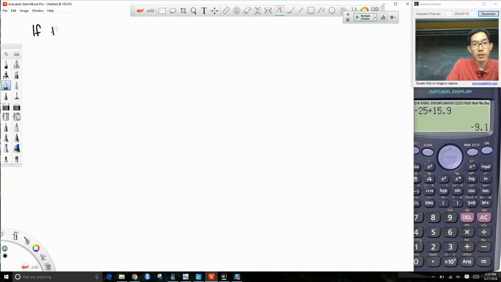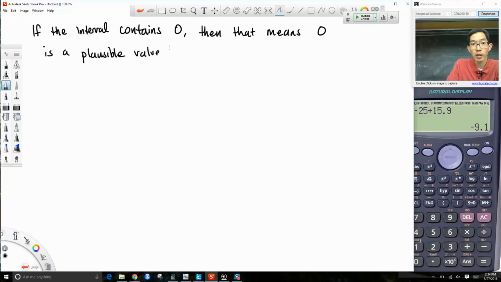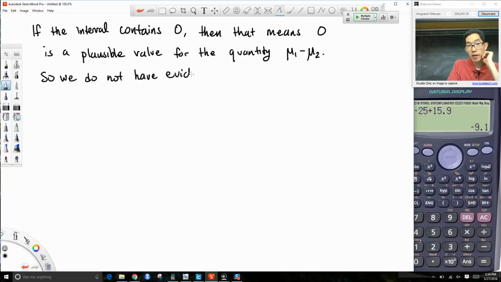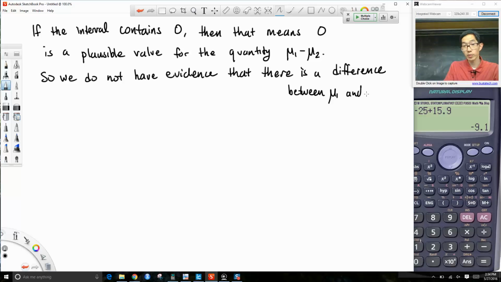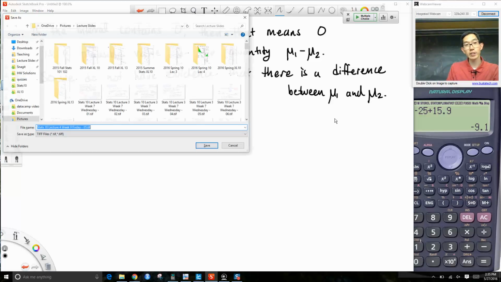So if the interval contains 0, then that means 0 is a plausible value for the quantity mu1 minus mu2, and so we do not have evidence there's a difference between mu1 and mu2.